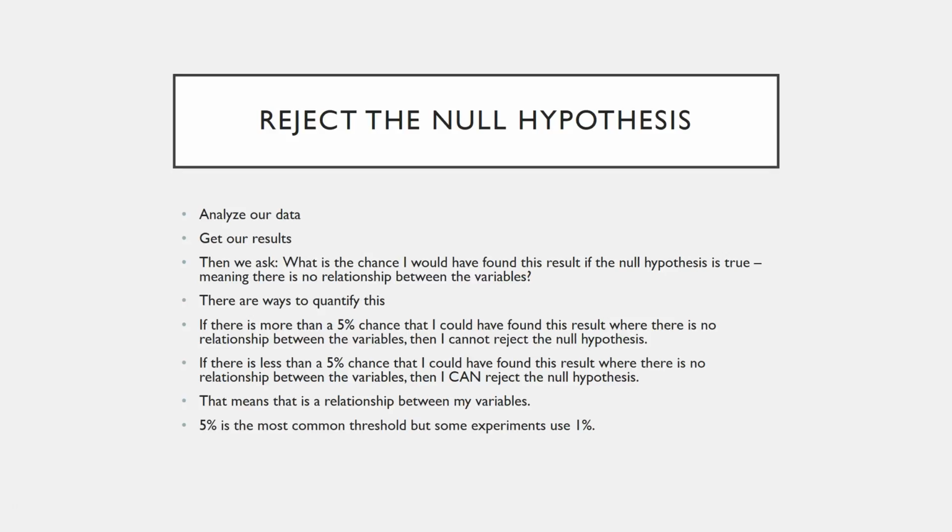So I'll talk more about this in a second, but really it's just rejection of the null hypothesis. You state your threshold. In this case, we're going to state the threshold of 5%. If I'm 95% confident that I could not have gotten my results if the null hypothesis were true, then I get to reject the null hypothesis.